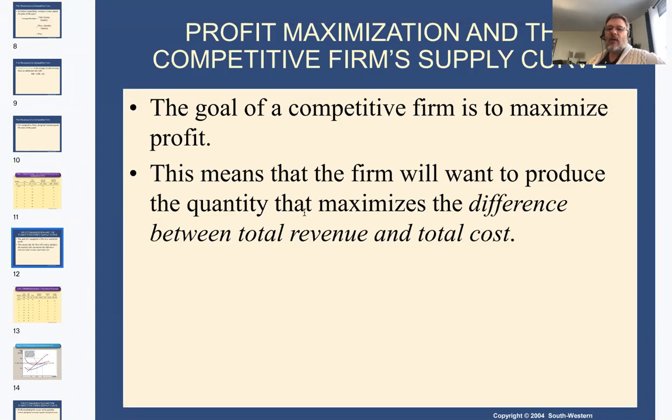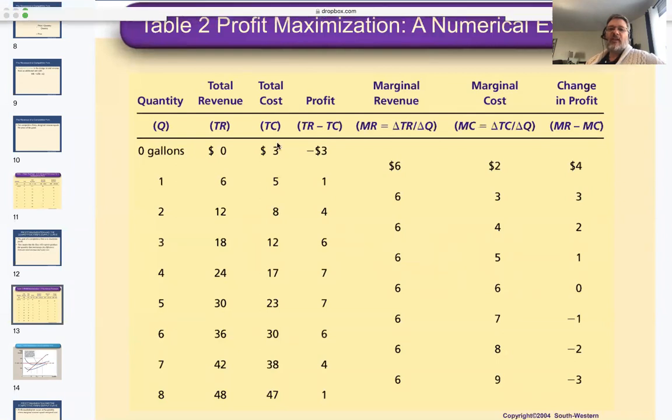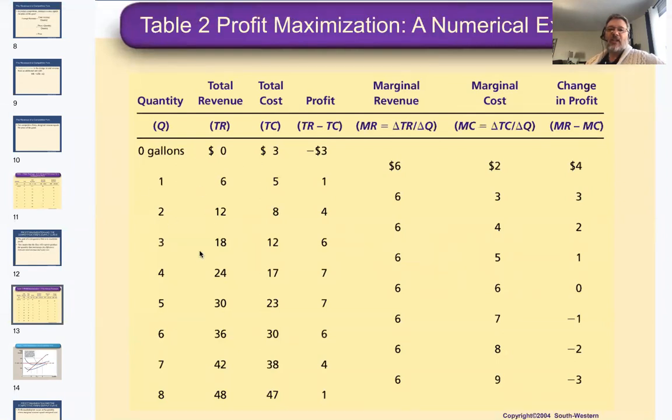Okay. So the goal of the competitive firm is to maximize its profits. And remember that profits are the difference between total revenue and total cost. So we've just been talking about total revenue at the beginning part of this lecture, but we already talked about total cost in the last lecture. So we're going to extend on that now. If we look at this table, this is the information that we had before.